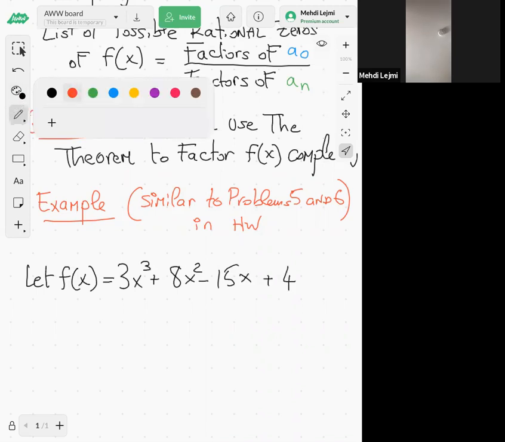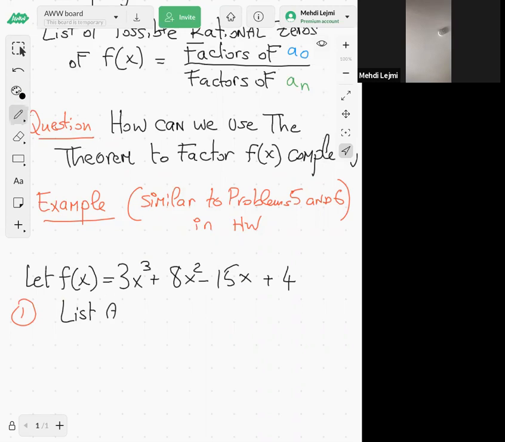First question would be to list all possible rational zeros. So when I say zeros, guys, I mean solutions of f of x equal to 0, right? Possible rational zeros. 2, factor f of x completely.